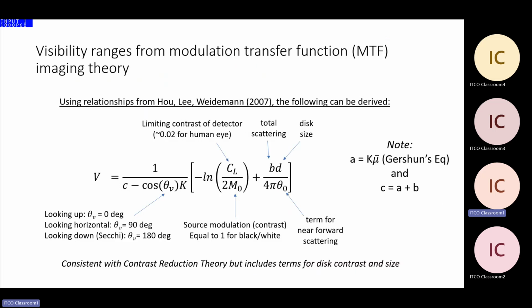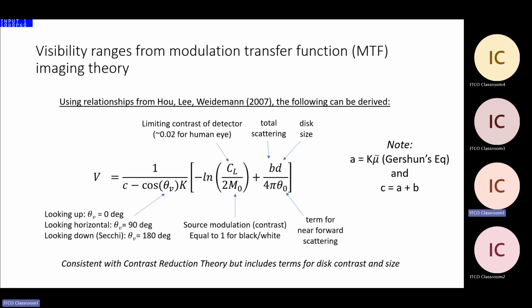So this takes classical contrast reduction theory and adds what's called a modulation transfer function, which is a way to take an image spatially and transform it into frequency space. If you do that, you can account for things like the size of the disk.